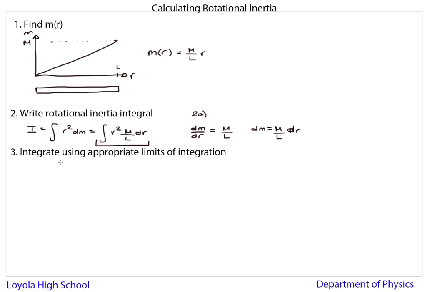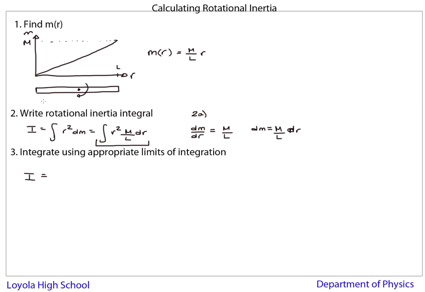Finally, we want to integrate using the appropriate limits of integration. In this specific example, and we can do multiple examples here, I want to find the rotational inertia, the moment of inertia, about its center, right there, as it rotates about the center point. I could make the pivot point anywhere in between, or the other end, but for this example I'll put it in the middle.